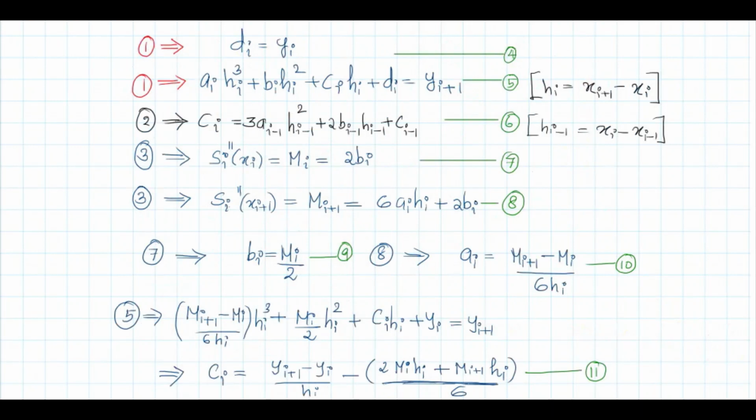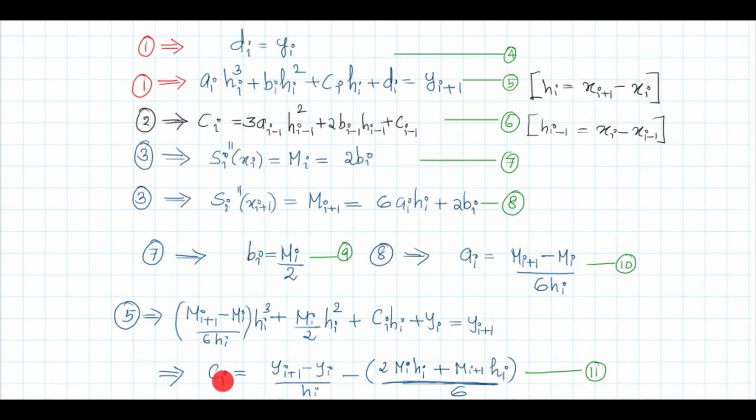So you have equations 4 to 8, and from equation 7 you can write bi as mi by 2. From equation 8 you can write ai as mi plus 1 minus mi, because this 2bi is mi, divided by 6hi. From equation number 5 you substitute for this ai and this bi.